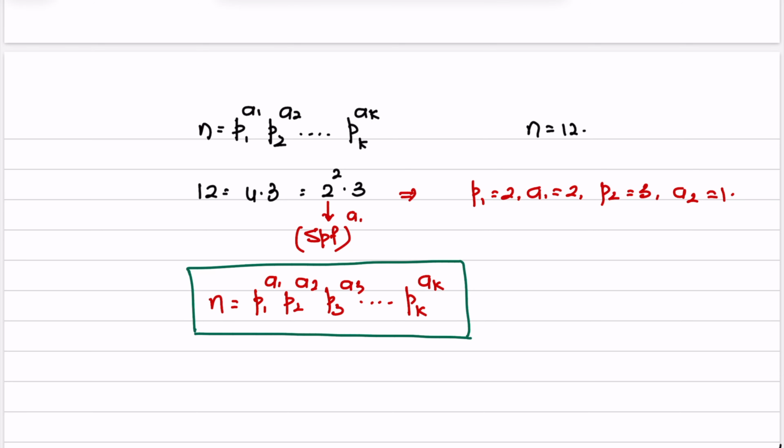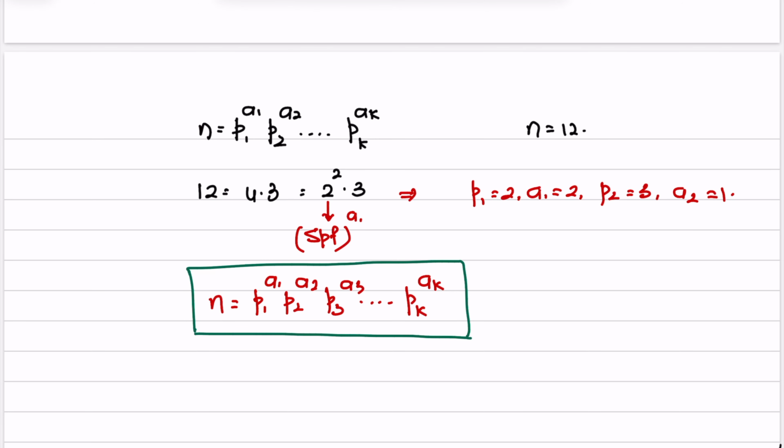Now, we are not interested in odd numbers of A1, A2, A3. We are not interested in odd numbers because D, the divisor of n, should be a perfect square.